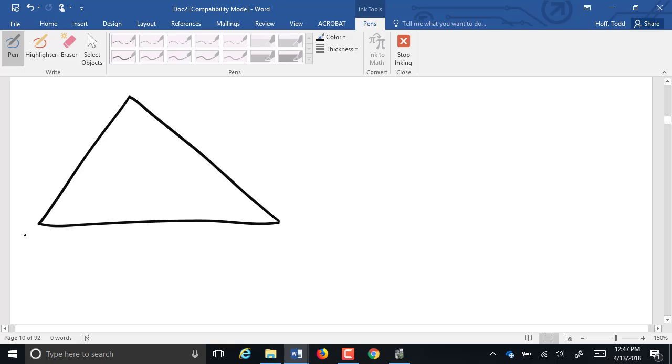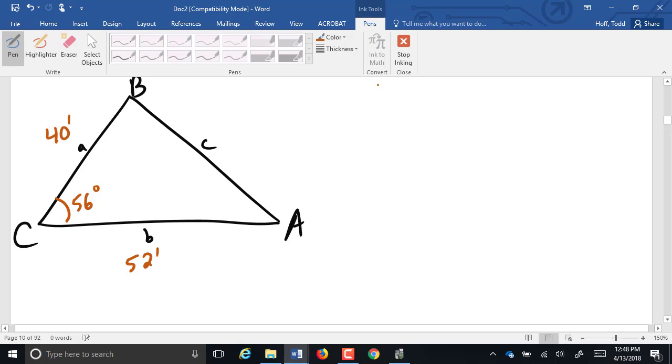We're going to call it ABC. So this is little a, little b, and little c. And we're going to give you that side A is 40 feet, side B is 52 feet, and angle C here is 56 degrees.